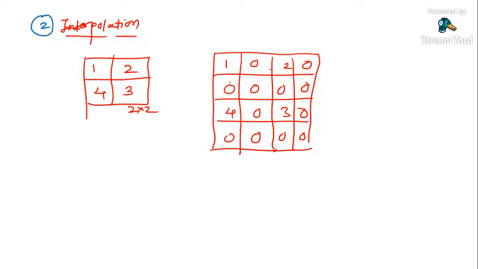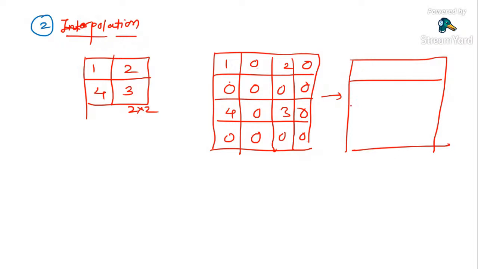And the in-between zeros are filled by adding the two neighboring numbers and dividing by 2. So 1 plus 2 is 3, divided by 2 is 1.5.